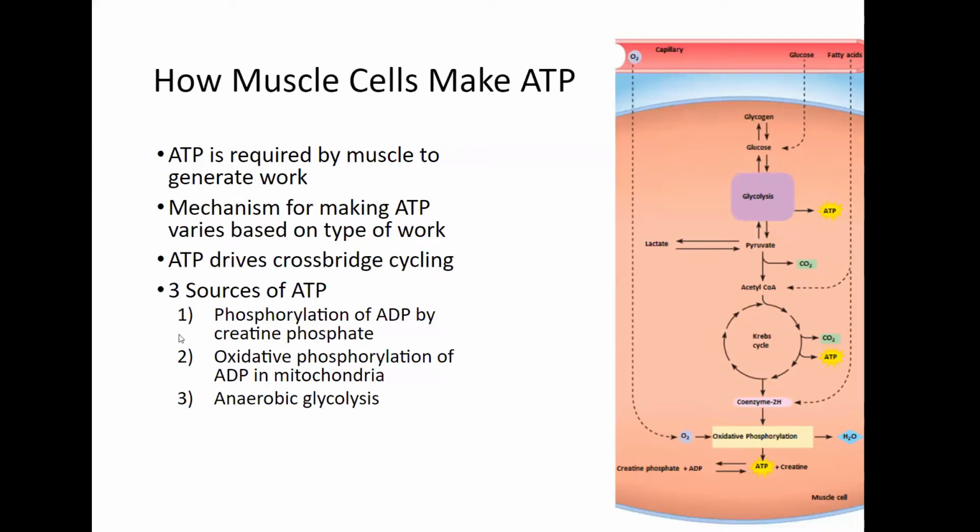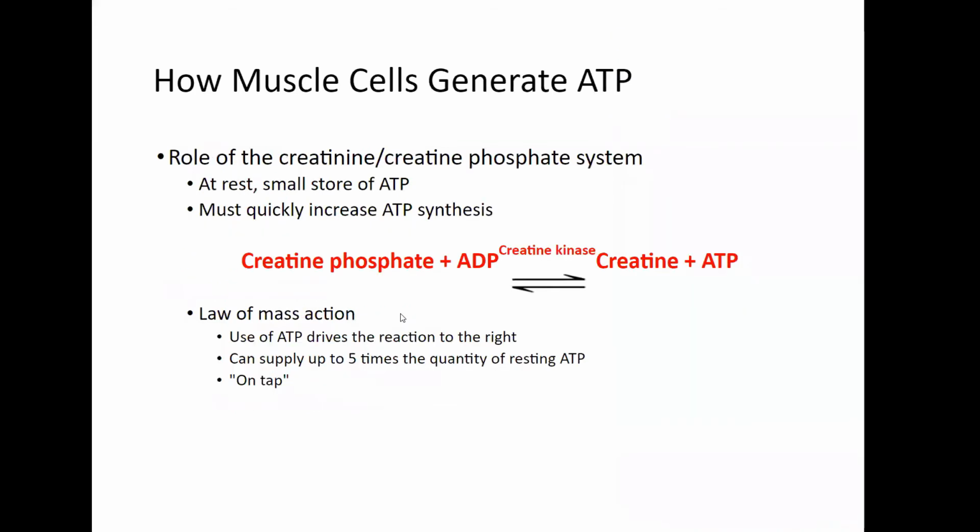Okay. The thing we haven't talked about yet is this first one, the phosphorylation of ADP by creatine phosphate. So we're going to go to the next slide to take a look at that. Okay. So in your normal cells, when you start out exercising, like right before you're exercising, right in the beginning phases, you start using the ATP that's in your cells.